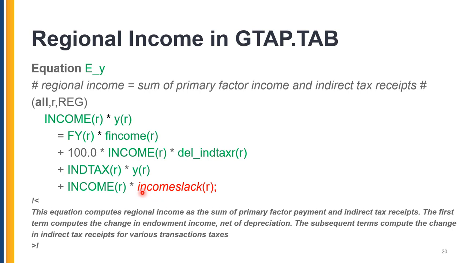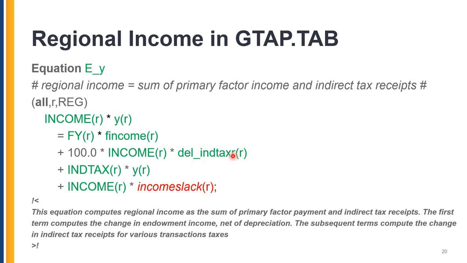Okay, so if you wanted to break the income accounting side of the model, this is the slack variable you would use, and it has to be pre-multiplied by income because this side is. We got one more thing in here that matters, and it's the reason this equation is written this way.